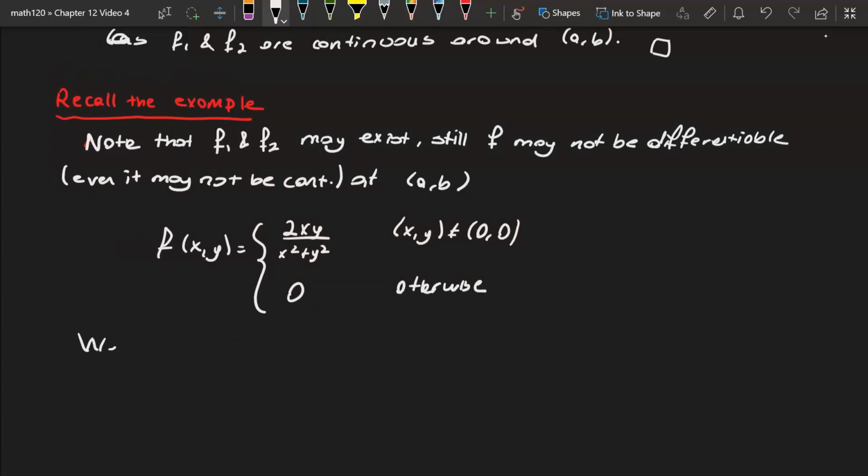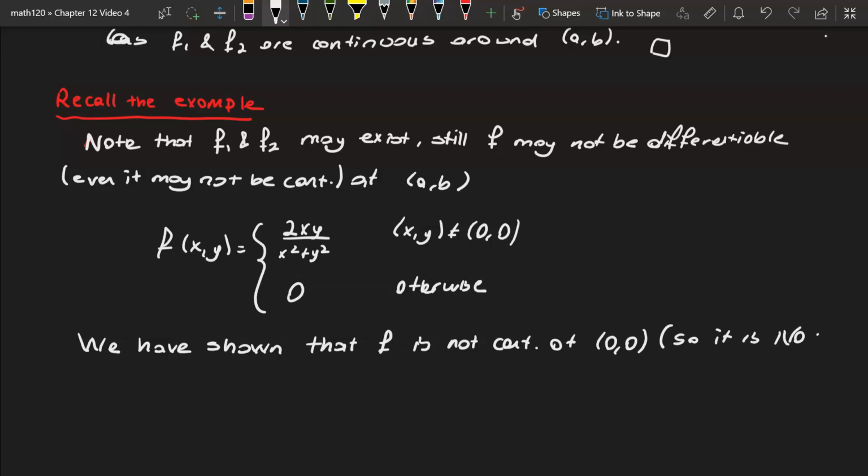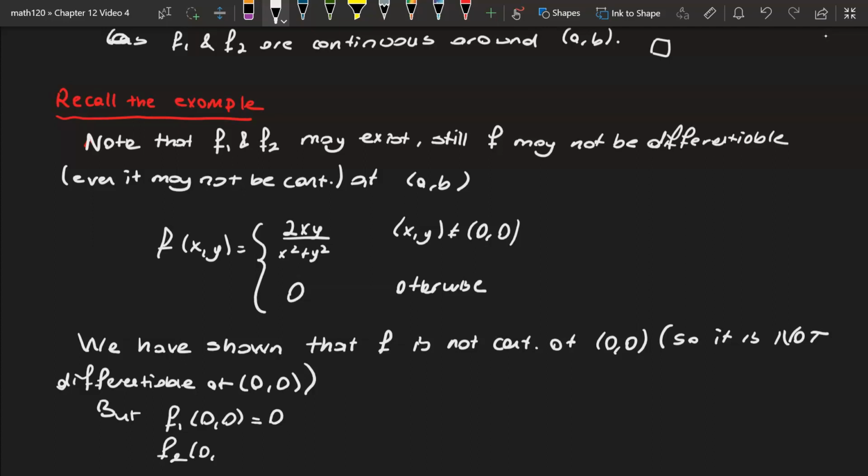We have shown last time, probably in our second video for chapter 12, that f is not continuous at 0, 0, so it's not differentiable at 0, 0, but f1 and f2 exist at 0, 0.